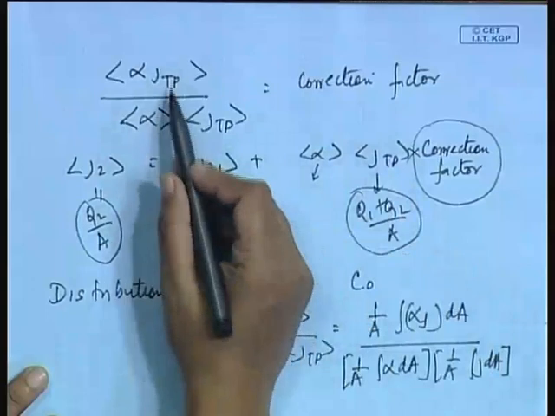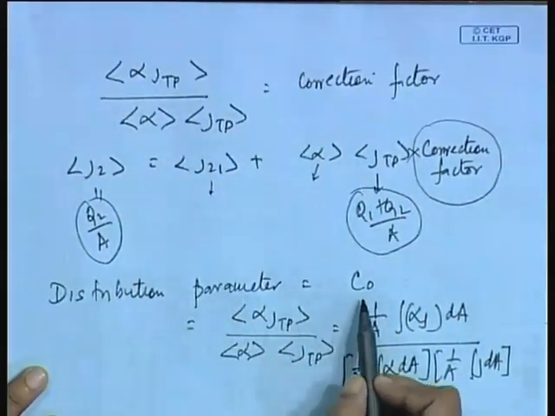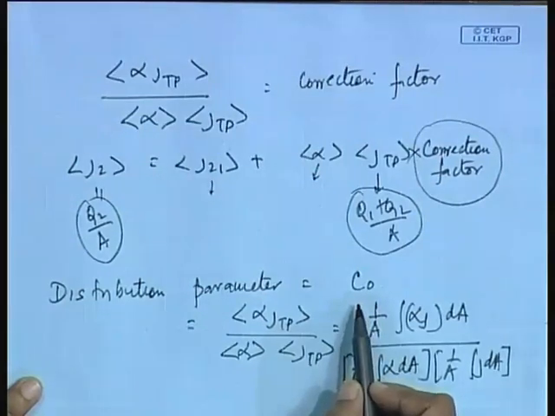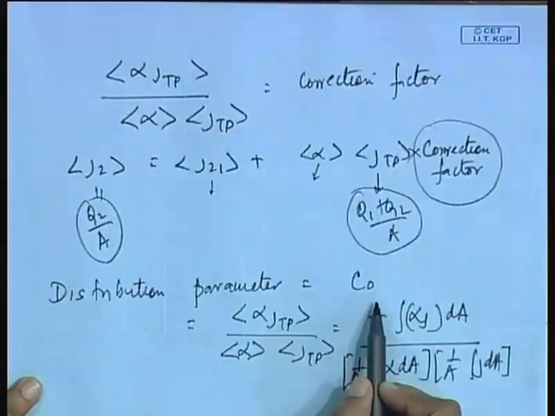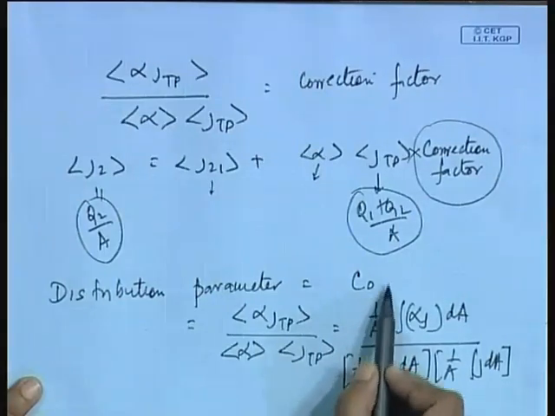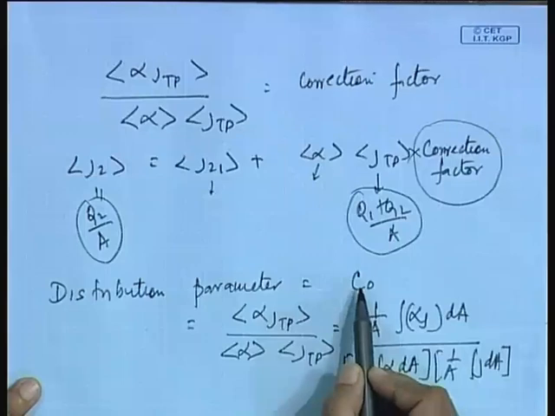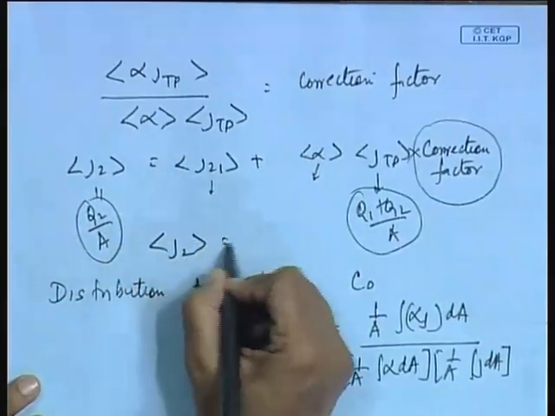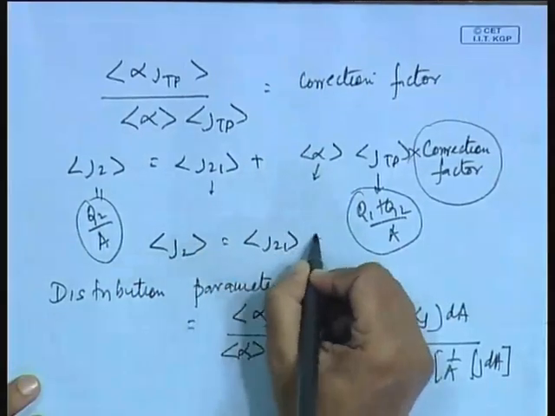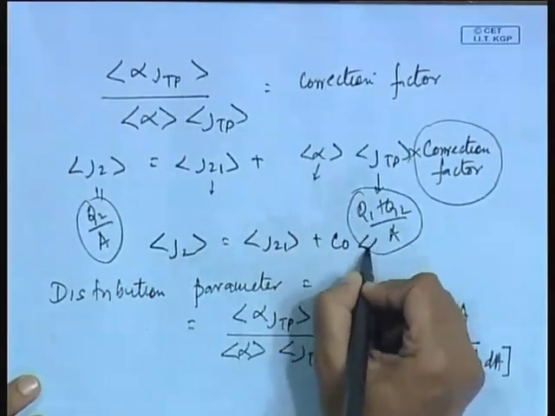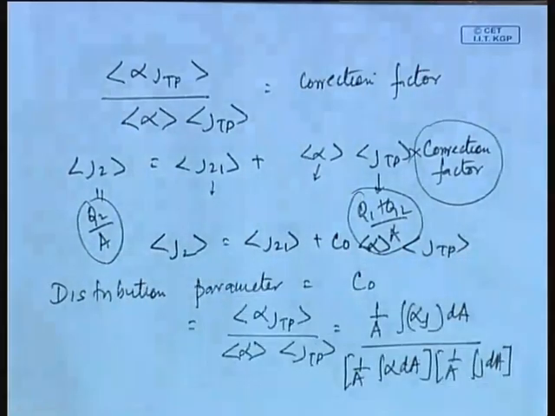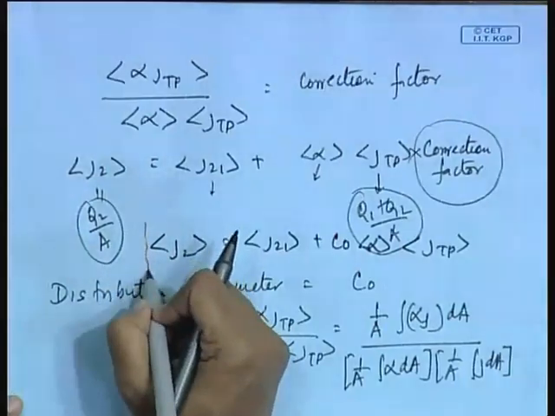This correction term is defined as a distribution parameter, or the Zuber and Findlay parameter, since they were the first researchers to propose this concept for two phase flow. The form of the equation now becomes something of this sort.